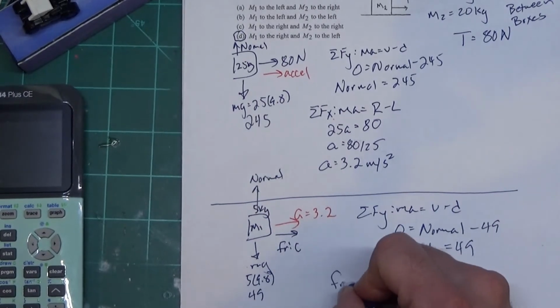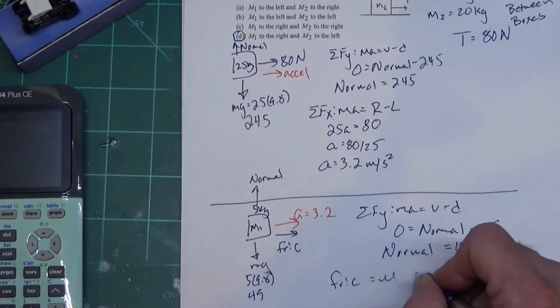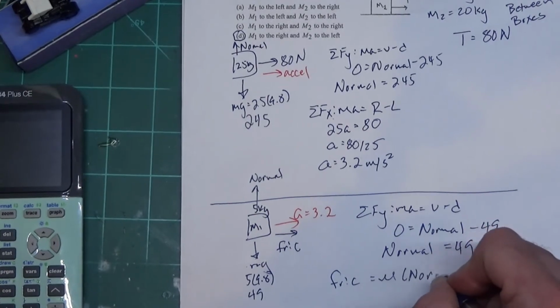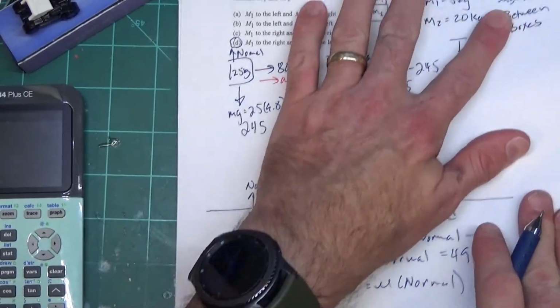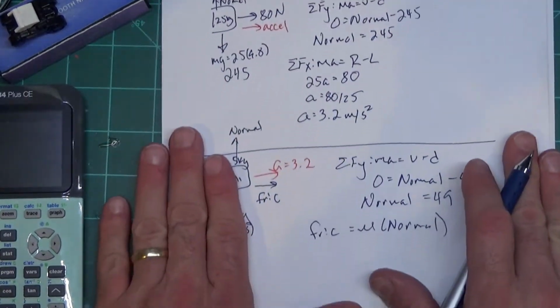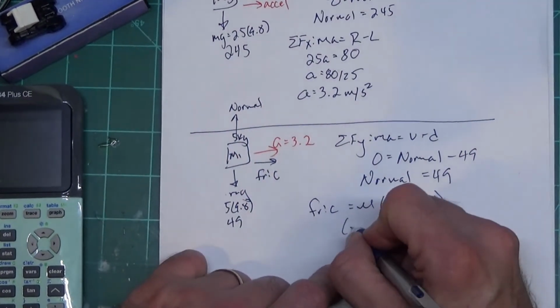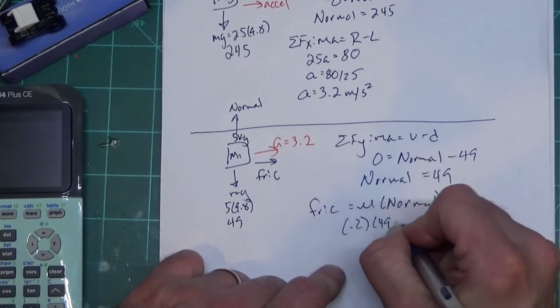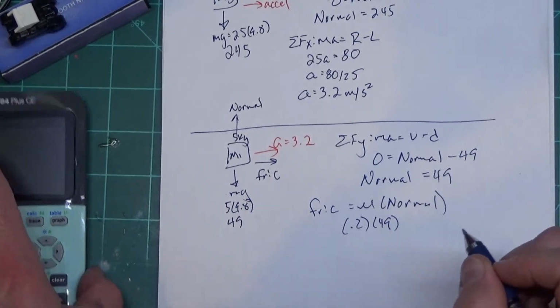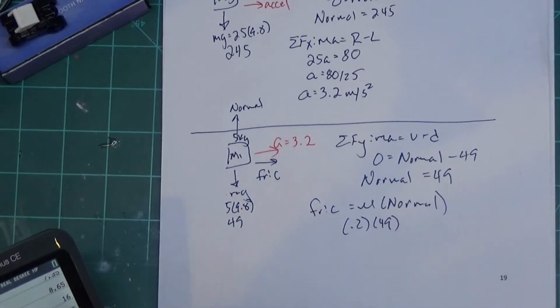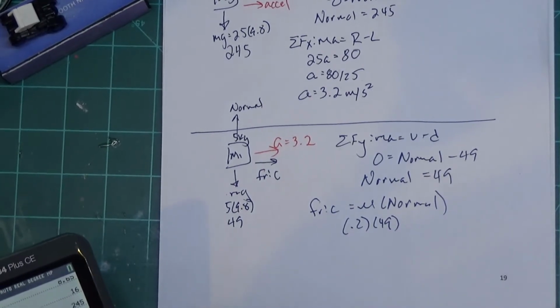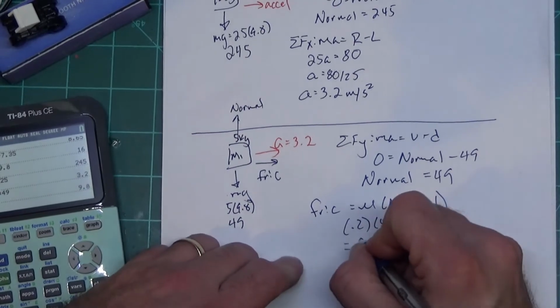And then I can do friction equals mu times the normal force. And I wrote the coefficient of friction as 0.2 way back up here. Okay, so 0.2 times 49 will give me my friction force, and I get 9.8.